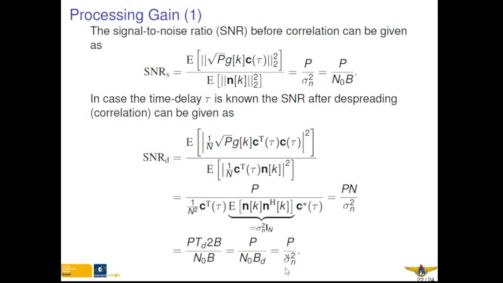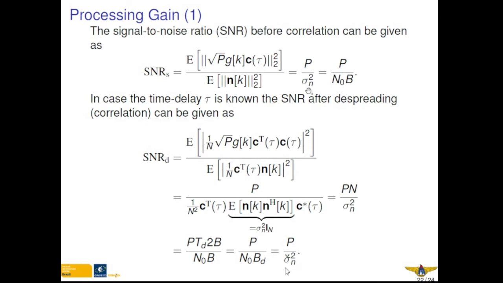The processing gain is the relation between the SNR before correlation, SNR_S, and the SNR after the spreading, after correlation, SNR_D. So for SNR_S, we can calculate the power of the signal, which is the expectation of the L2 norm of the signal in vector form, which is equivalent to N times P. And we also have the expectation of the L2 norm of the vector of the noise, and this is N times sigma_n squared, where sigma_n squared is the variance of the noise process.